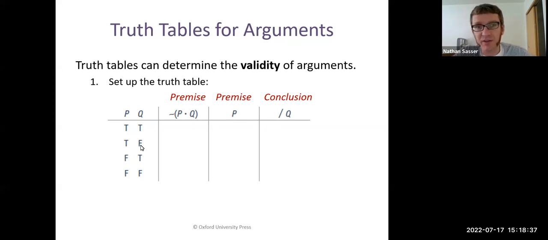Again, the left-hand side is going to include the truth values for each of the simple statements, just like always, following the same schematism. And then you're going to have a column for each of the premises and then the conclusion, just like this. Then you fill out the truth table in the usual ways for each of those compound statements.